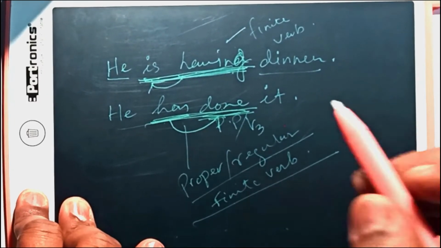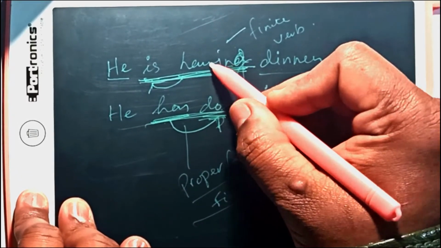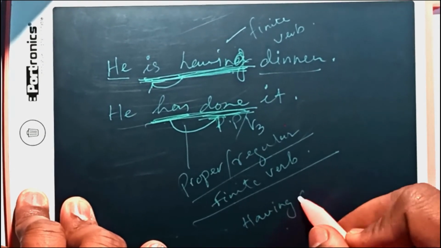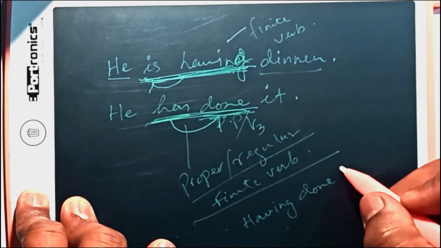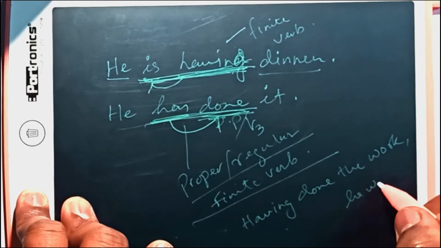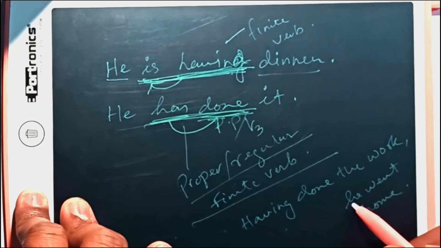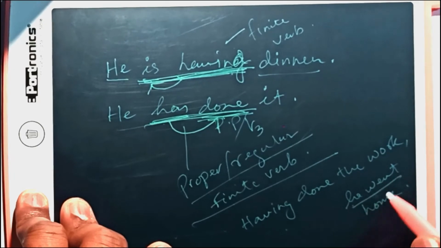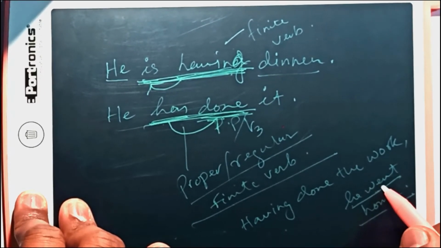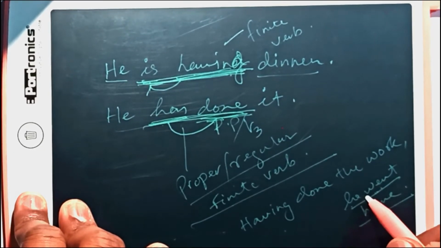But as we have seen earlier, the combination of having and done together, like this, having done the work, he went home. Now you look at this, he went home. He went home is a finite verb, because went in the simple past tense doesn't need any auxiliary verb before it.